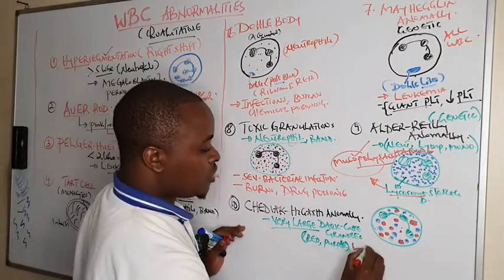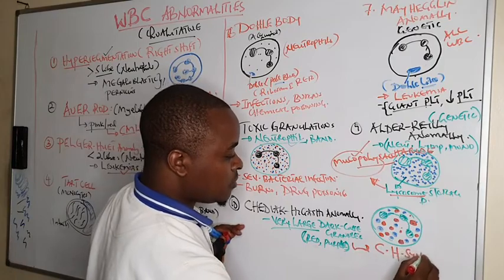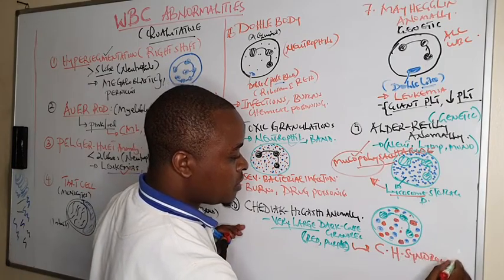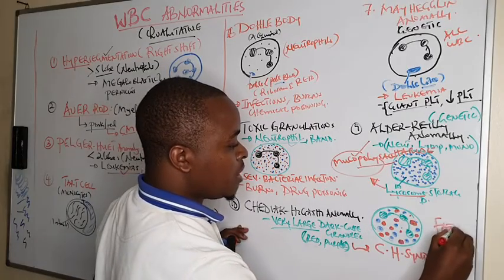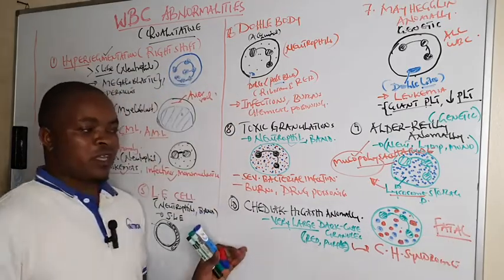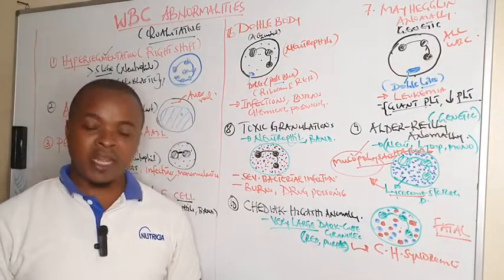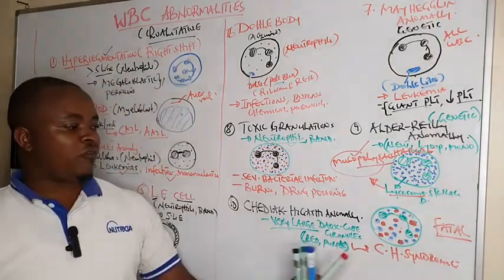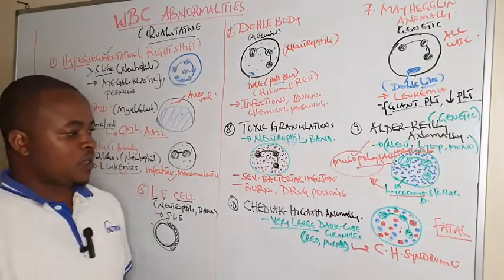It is seen in a condition known as Chediak-Higashi syndrome, which is an inherited disorder. This disorder is very fatal. Majorly, people who inherit this Chediak-Higashi syndrome normally die before 10 years. So this is fatal, whereas Alder anomaly is not fatal.